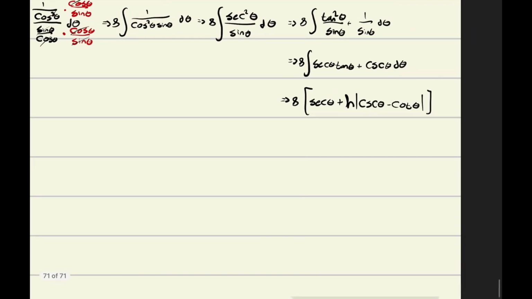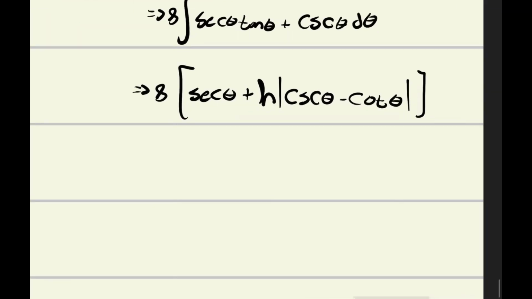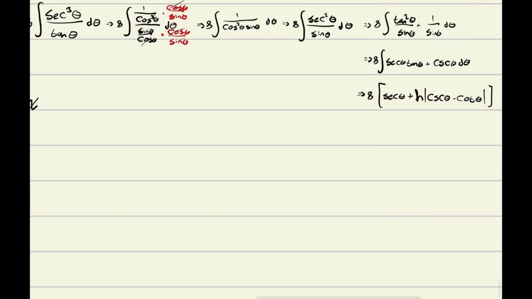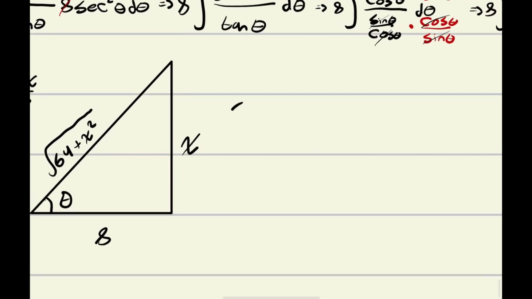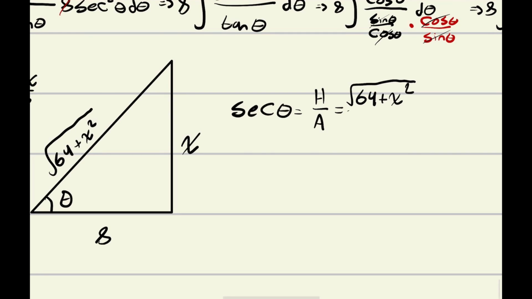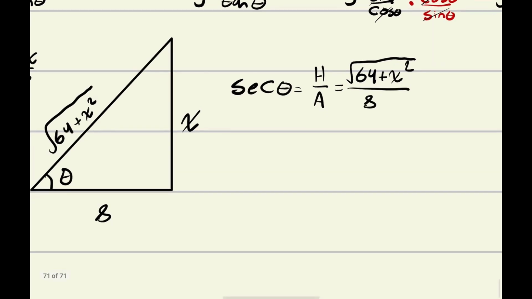If we are trying to solve for secant of theta, cosecant of theta, and cotangent of theta, with this being theta, well, secant of theta is equal to hypotenuse over adjacent, which is equal to the square root of 64 plus x squared over 8.